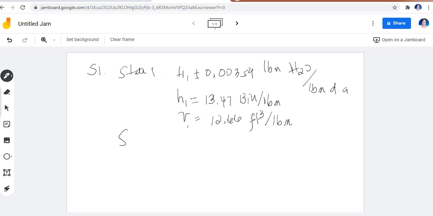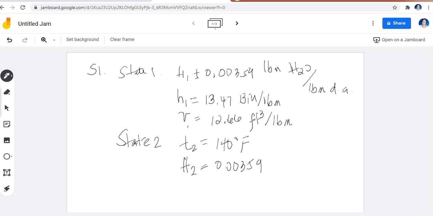So for state 2, the dry bulb temperature that is to be reached is 140 degrees Fahrenheit. And you have the humidity, .00359.